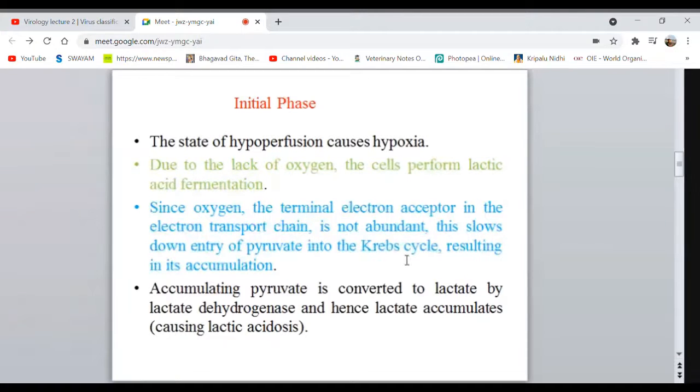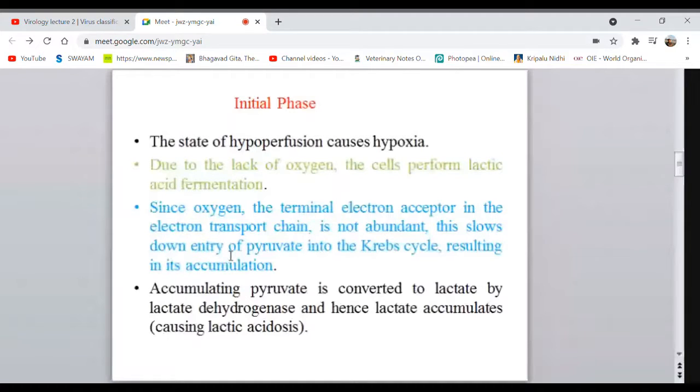So this slows down the entry of pyruvate into the Krebs cycle, or TCA cycle. Pyruvate now cannot enter the TCA cycle, and this results in its accumulation.